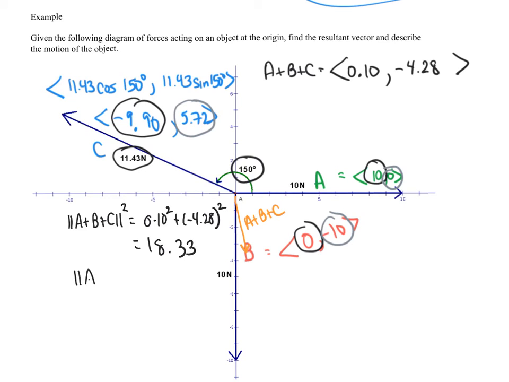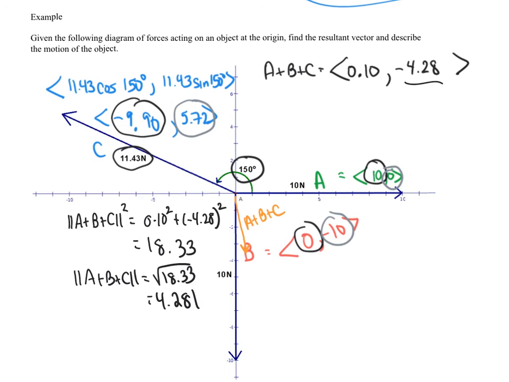And so the magnitude of A plus B plus C is going to equal the square root of 18.33, which gives me 4.281. So it's really, really close to our sum vector's y component, because remember, that was negative 4.28.